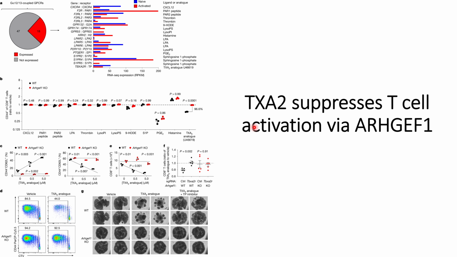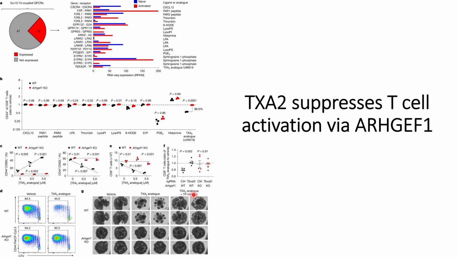All these results indicate that TXA2 receptors activate the signaling pathways that interact with ARHGEF1 to cause suppression of T cells. When they checked photomicrographs of the cells, in the vehicle there is no change. But with the TXA2 analog in the wild type, there is a change in morphology, but no change in the ARHGEF1 knockdown cells.